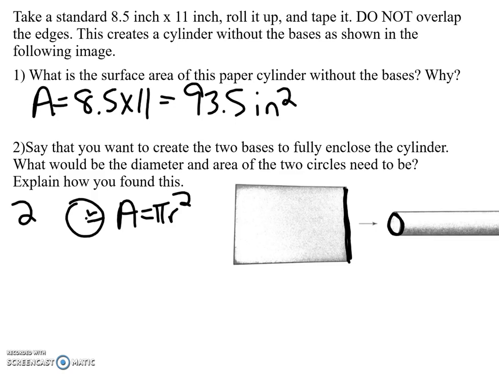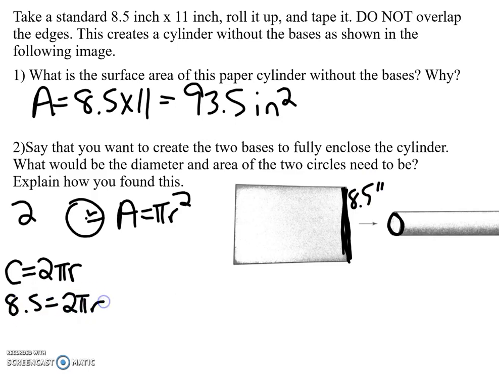Now I can figure out the radius from the circumference because I know that the circumference is equal to 2 times pi times the radius. So if I know the circumference is made up of this side, which we know is 8.5 inches, I can say that 8.5 will equal 2 pi r. So if I divide both sides by 2 pi, I'll get that the radius is approximately 1.35 inches.